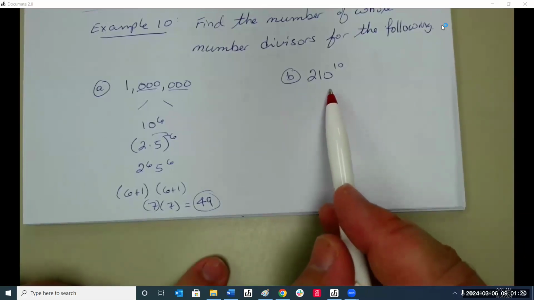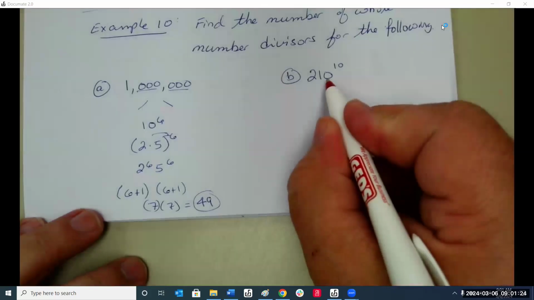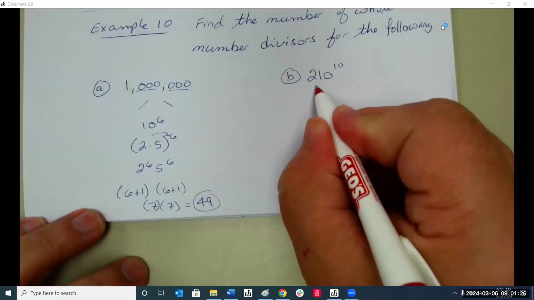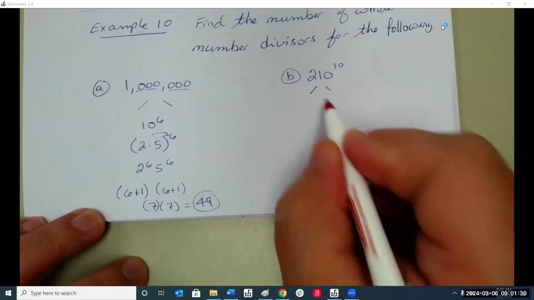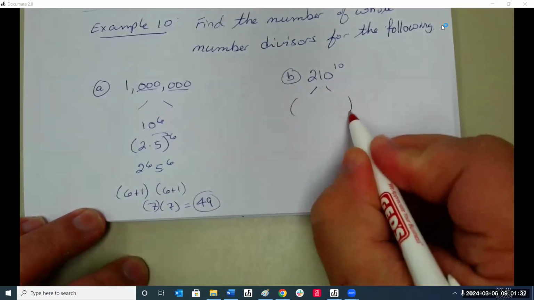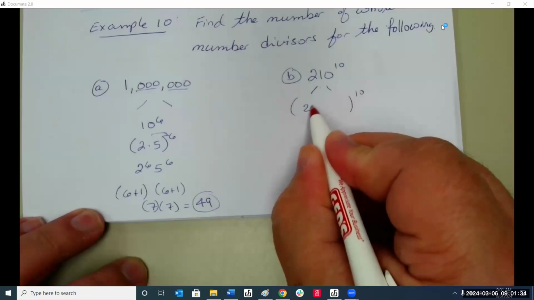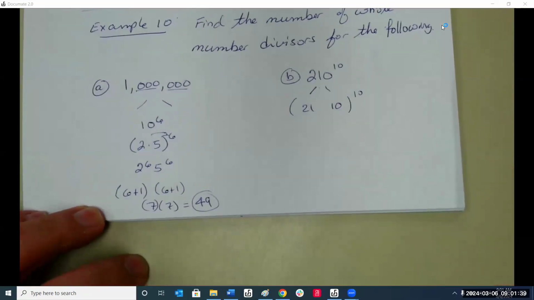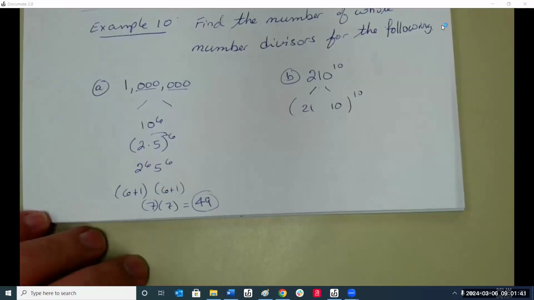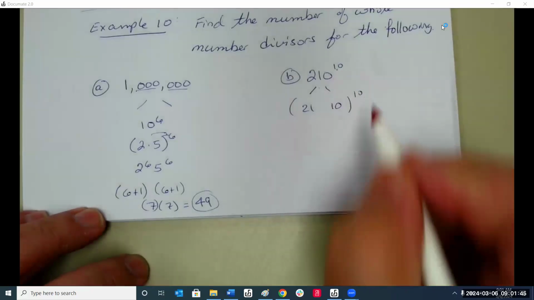Let's do something similar with this one. So actually, we can rewrite this equation here, the power 10, as 21 times 10. And that power 10 stays there.